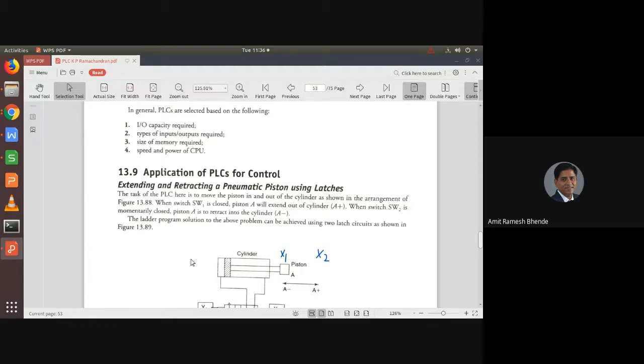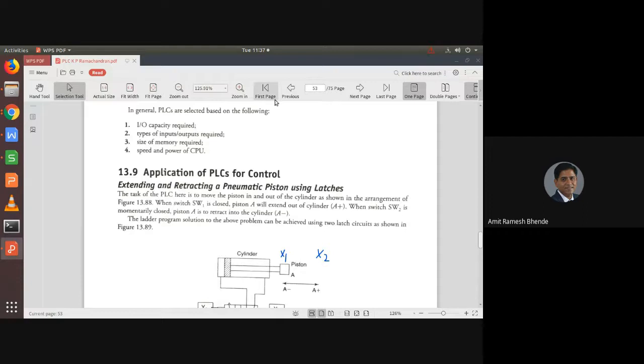extending and retracting a pneumatic piston using latches. Okay. So extending means extension, and retracting means retraction. Now this is a pneumatic cylinder.